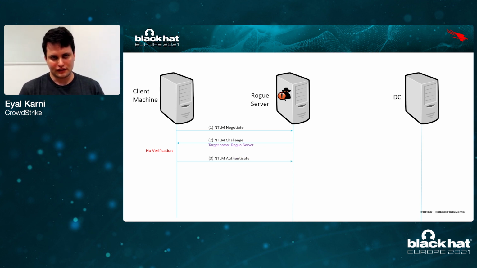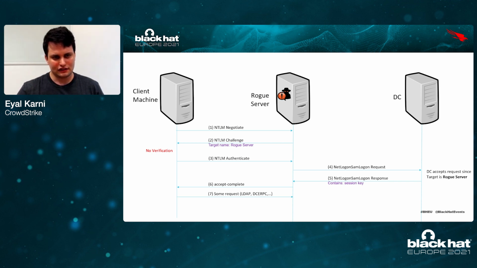Now, the rogue server should have a valid identity in the Active Directory, a username and password or machine name and machine password, and thus could relay the session to a DC and get the session key. So then it is able to serve further requests from the client and to inject malicious data, potentially.